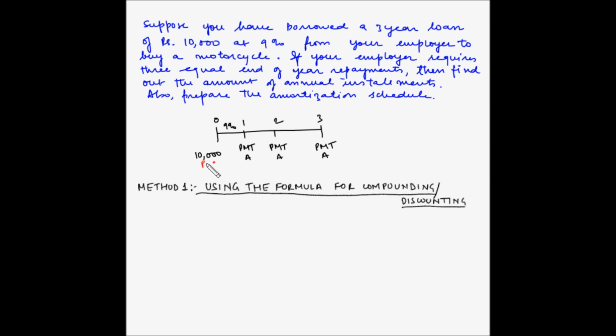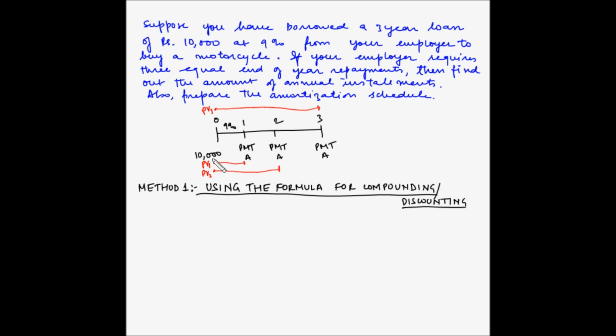Let's say PV1, PV2 and PV3. Now this PV1 will get converted into the first payment installment. The second PV, that is PV2, is going to get converted into the second installment of payments, and this PV3 is going to get converted into the third installment of payments.